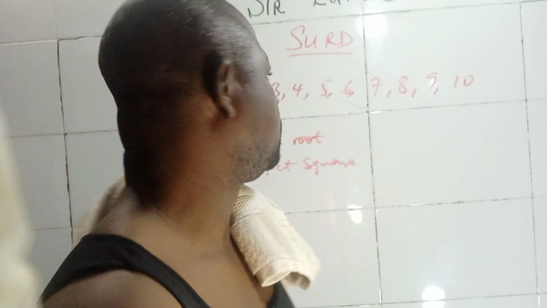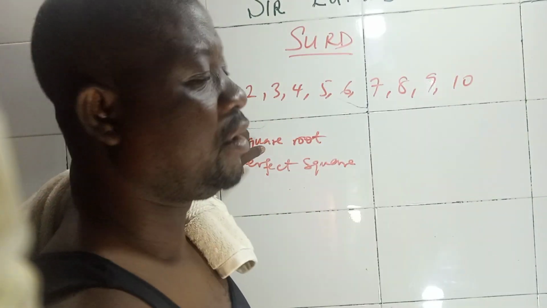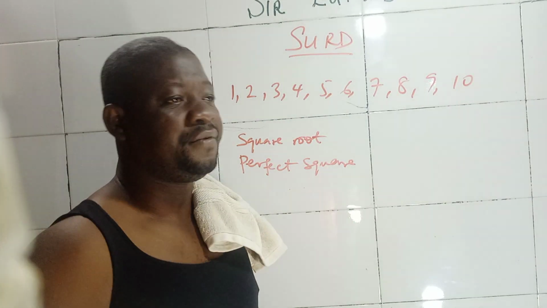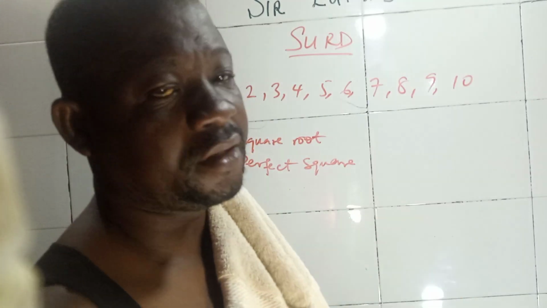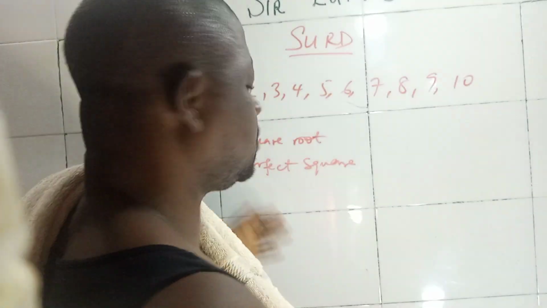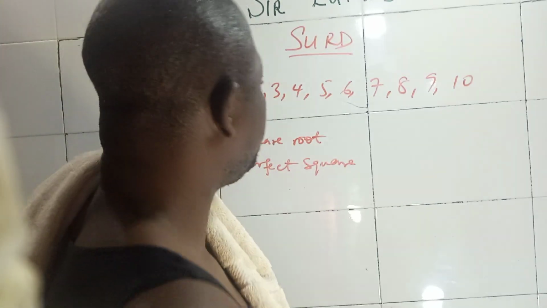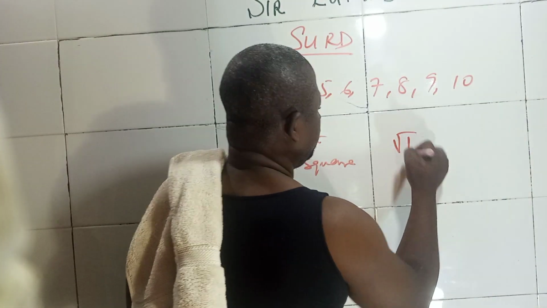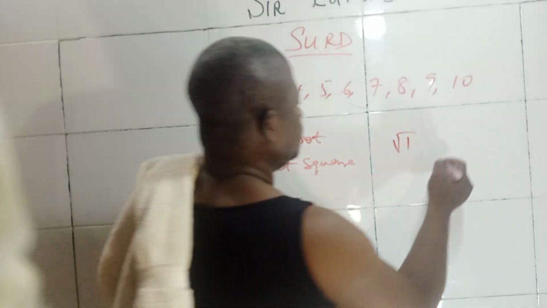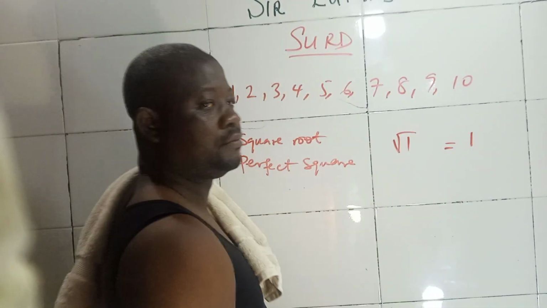Just understand the principle. So how do I understand if a number has a perfect square root? You start from the lowest, which is 1. What is the square root of 1? If you press your calculator, the square root of 1 is 1.